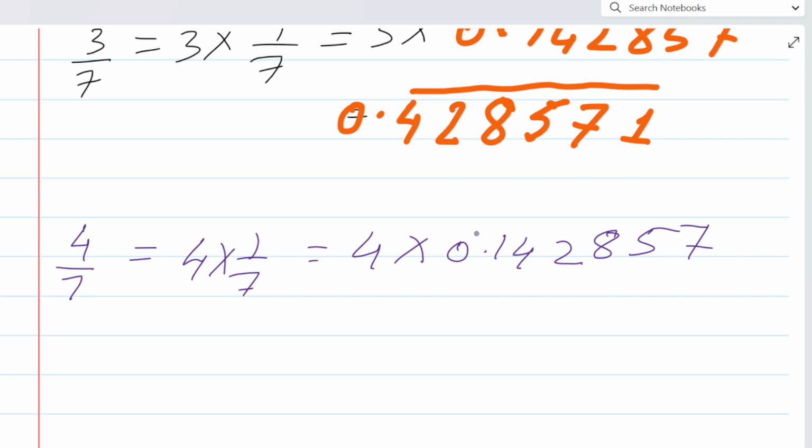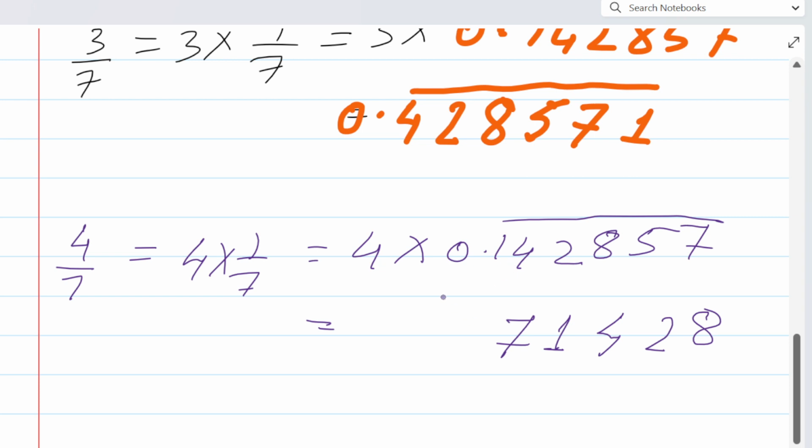So you multiply this again, same method. 4 sevens are 28. 4 5s are 20, 22, carry 2. 4 8s are 32, 34. 4 2s are 8, carry 3, 11. 4 4s are 16, 17. 4 1s are 4, and 1, you get 5. Then before this, the decimal point and 0. So this is your answer.